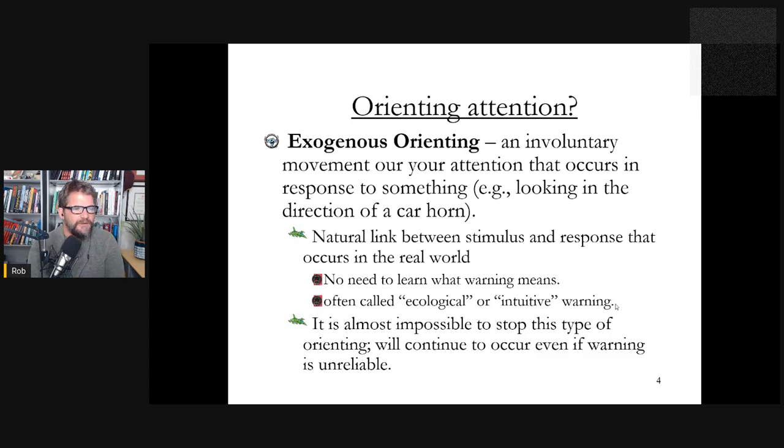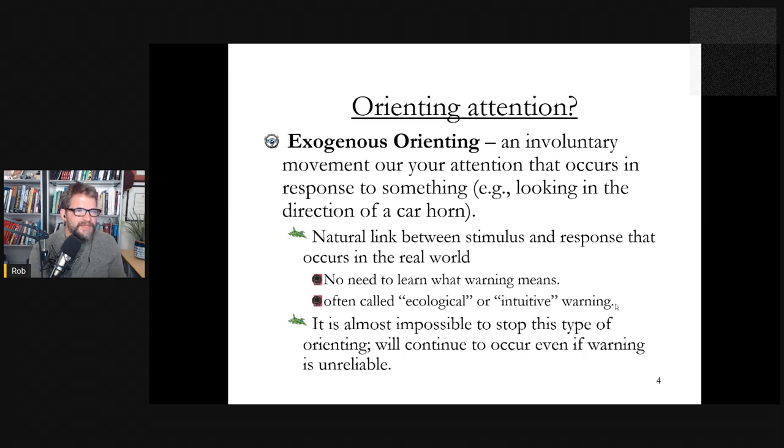Same when you hear a car horn. You cannot really help but shift your attention to it, because there's a natural link between that sound and the event. Another one that I really love, as I mentioned last time, is the little reflectors on the road on the edge of the lane line. When you go over them, it gives an immediate signal.